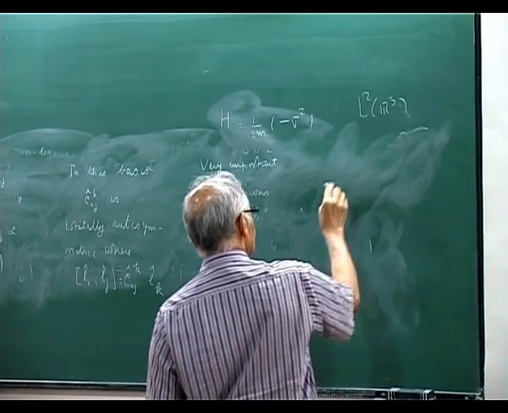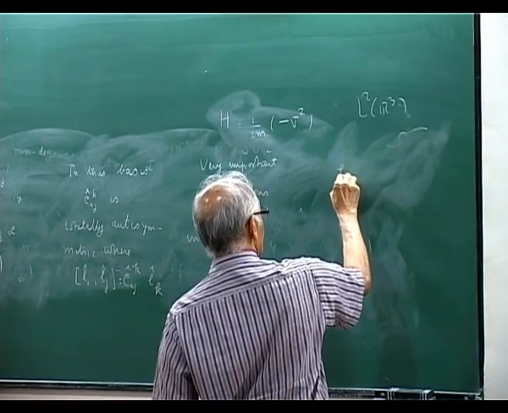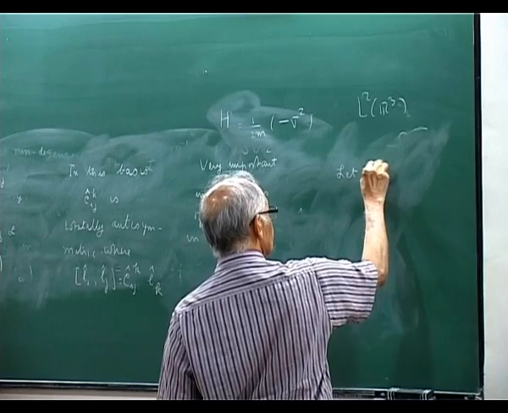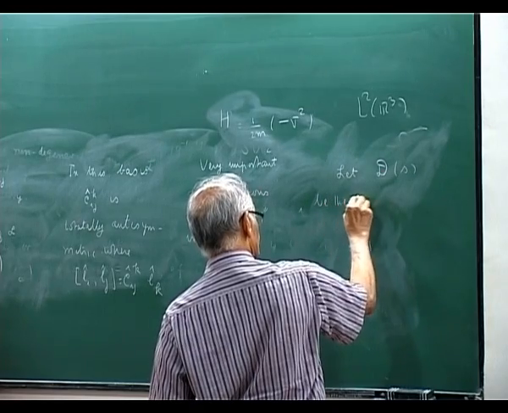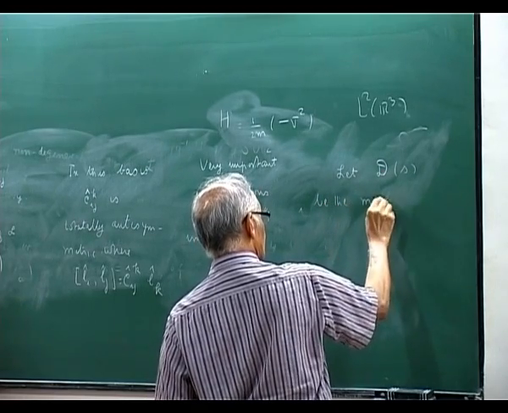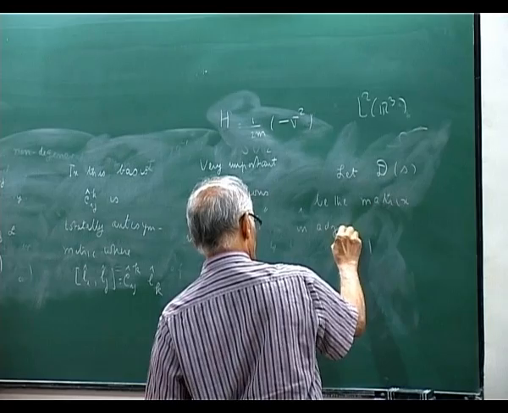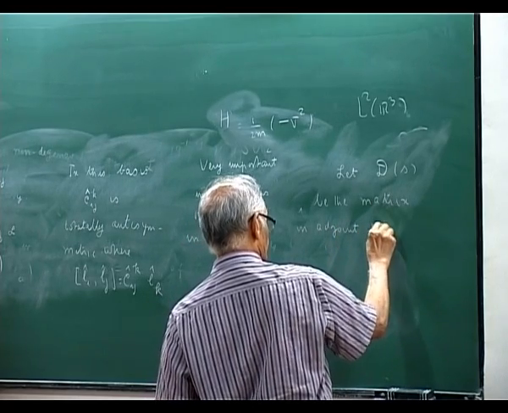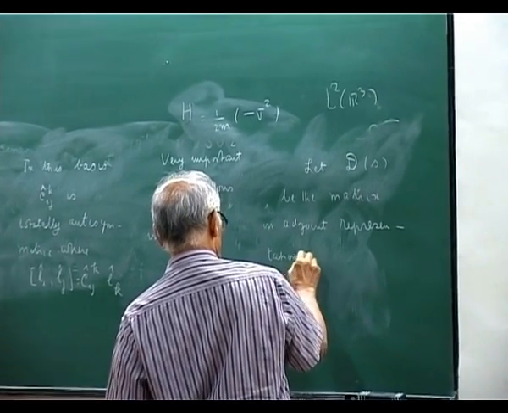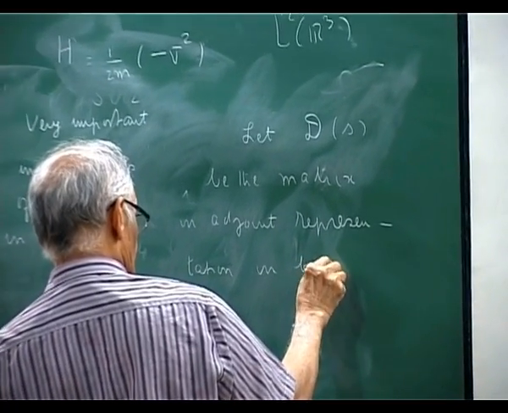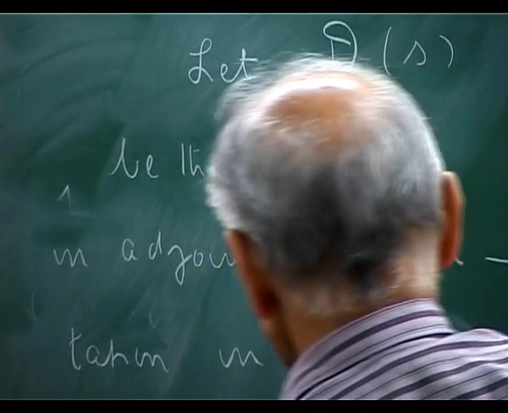Let me call it D(s) be the matrix in the adjoint representation in some basis L_i.